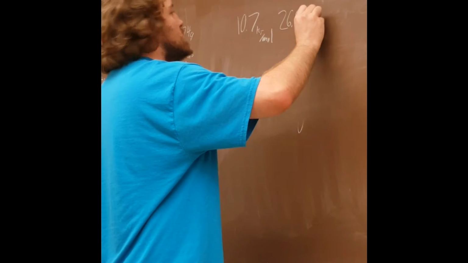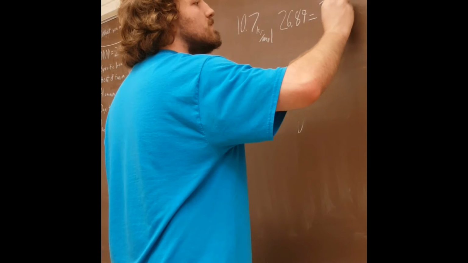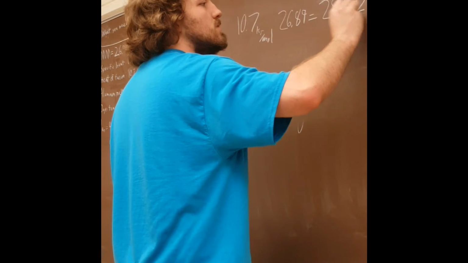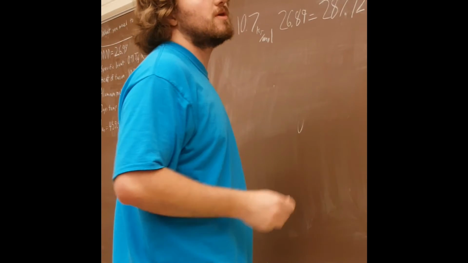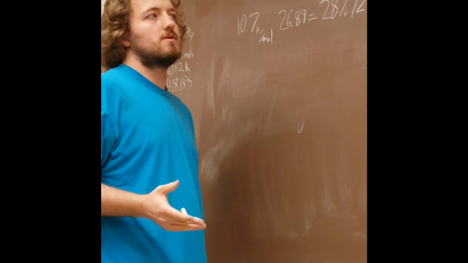This comes out to 287.72 kilojoules to convert solid aluminum at its melting point into liquid.